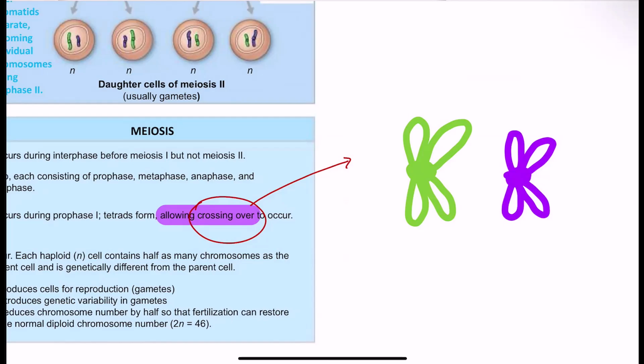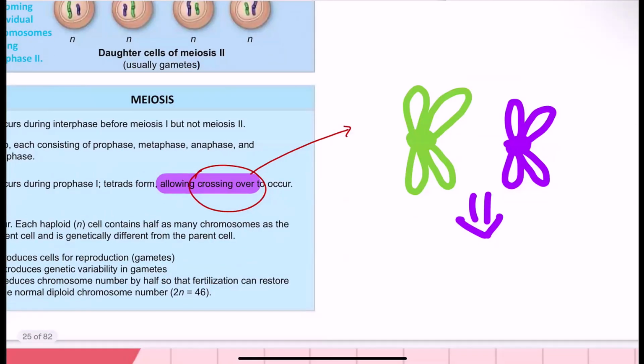And so what happens in the period of crossing over is that maybe a little bit of purple chromosome will cross over onto green and then they'll trade. So what this could look like is this. So now this purple chromosome might have a little bit of green on it, like a little bit of green. And then our green chromosome could have a little bit of purple.